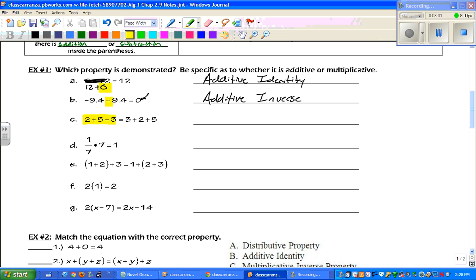All right, let's look at these. That's supposed to be a plus sign. So 2 plus 5 plus 3, and 3 plus 2 plus 5. All they did was move those around. We're using addition. So the way they write this one is the commutative property of addition.